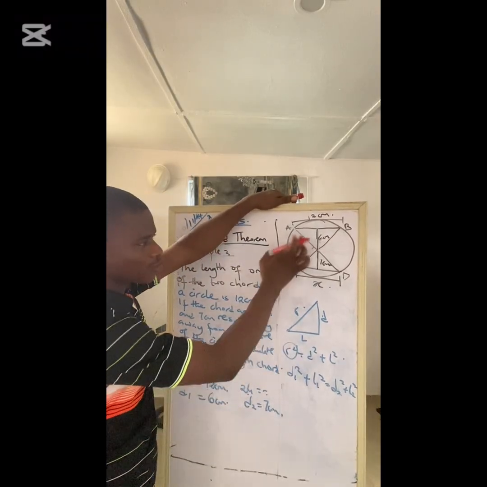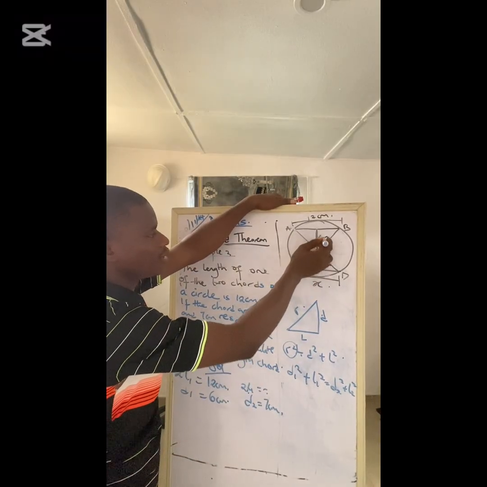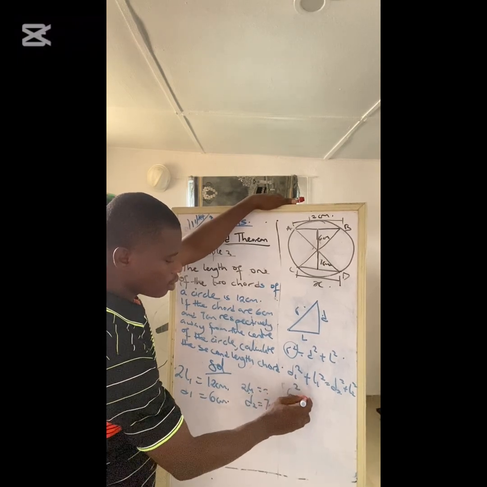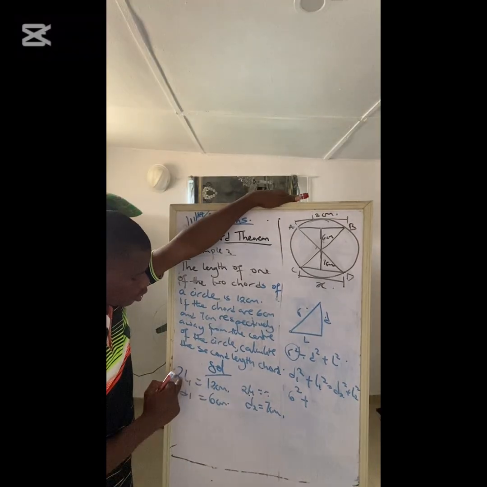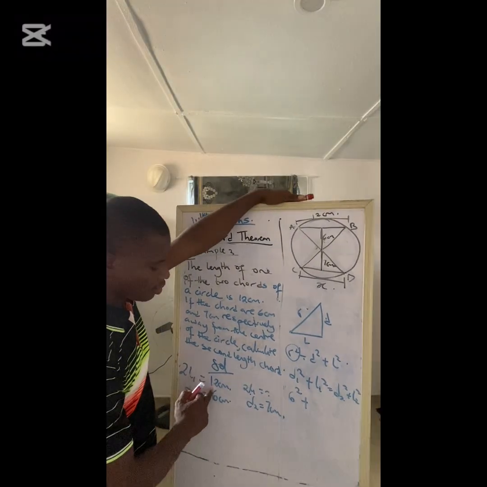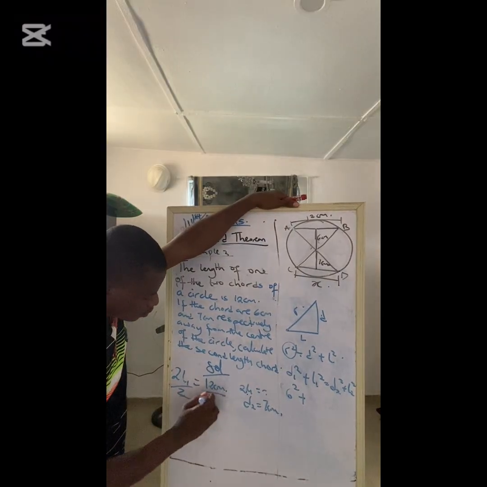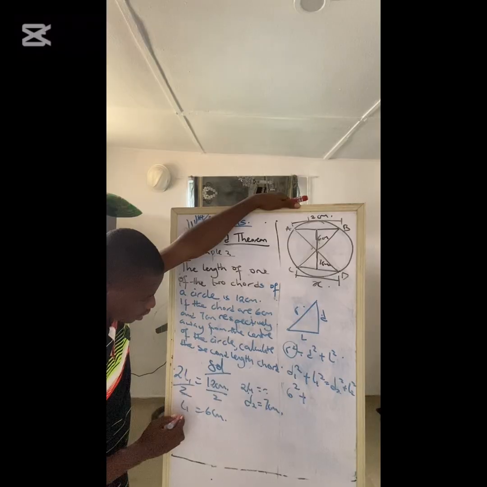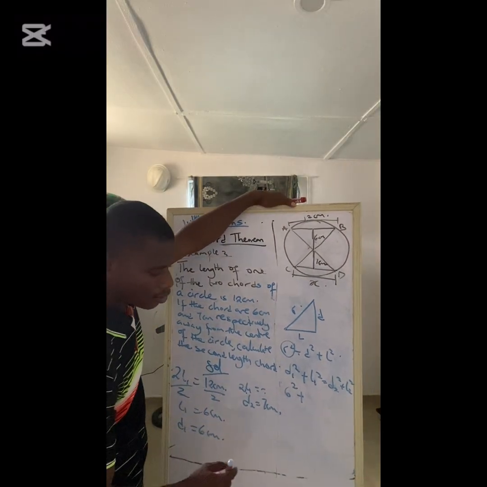Since your R is constant, what is D1 squared? My D1 is 6 squared, plus what is L1 squared? You need to divide by 2, I told you. That is 12 divided by 2, which will be 6. So when you are dividing by 2, L1 will be 6 centimeters. Then your D1 is also 6 centimeters from the question.